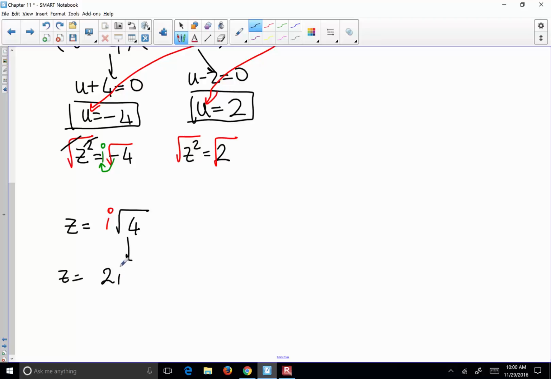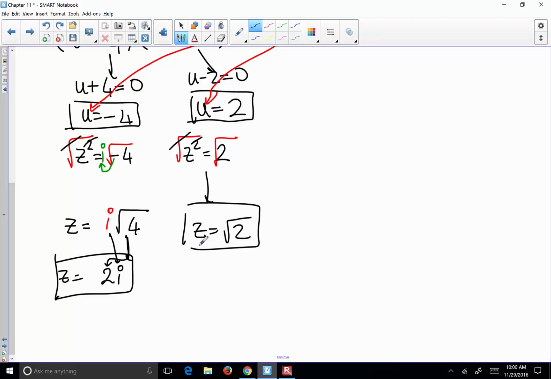So the result is 2i. On this part though, these two just cancel, and I can't take 2 out. It's z equals root 2. So I have 2 solutions.